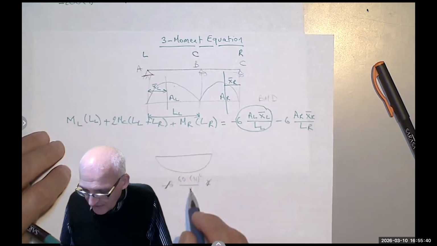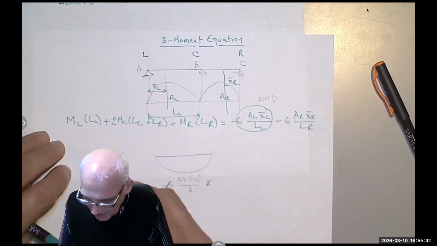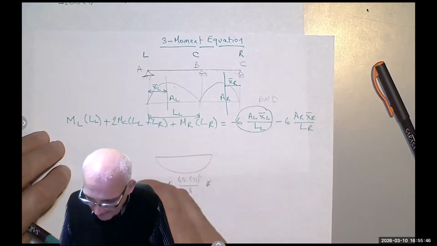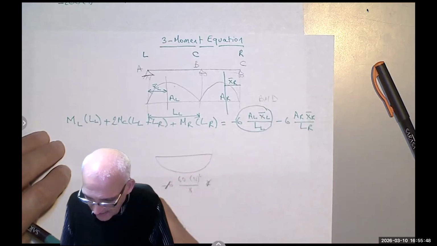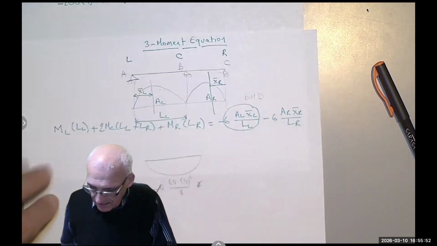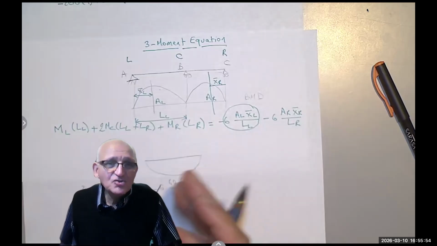So 16 over 8 is 2, so this would be 120. You see, you have to do the math and then multiply by 2 and then divide by 4. It's too complicated.